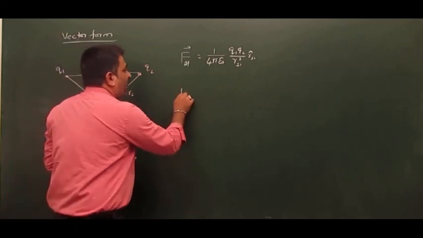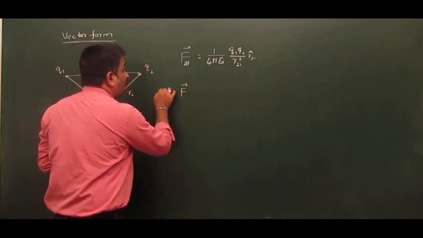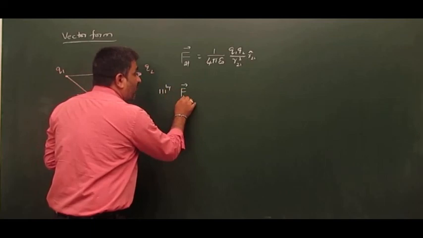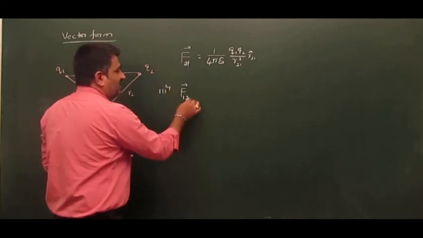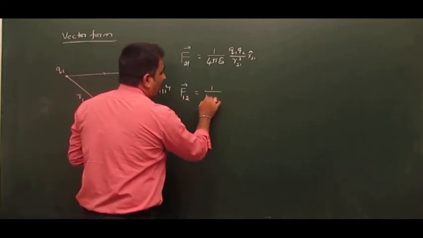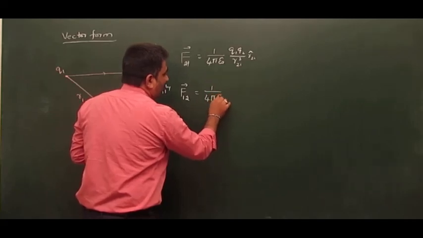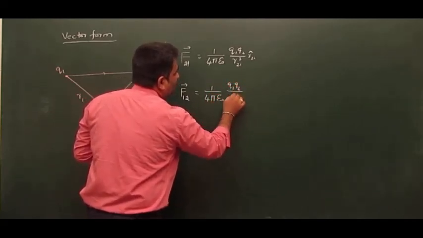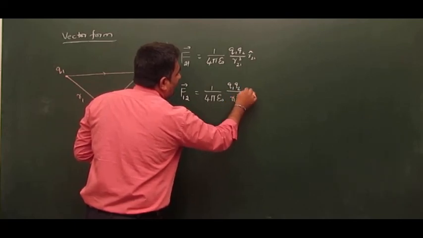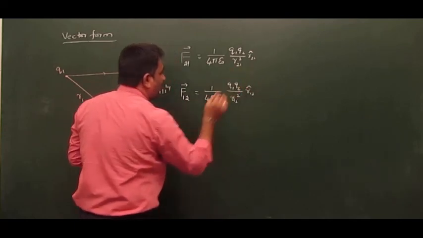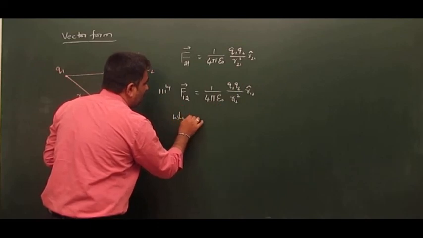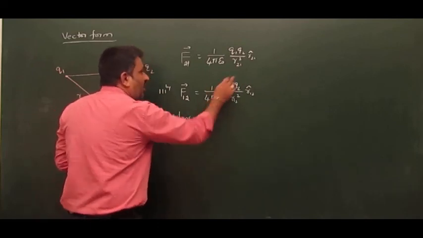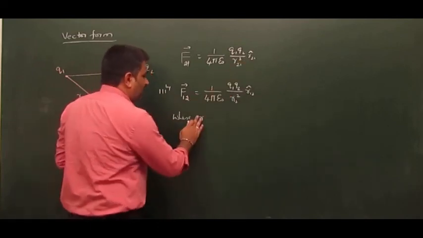Similarly, the force experienced by the first charge due to the second charge can be written as 1 divided by 4 pi epsilon naught into Q1 into Q2 divided by R12 square, R12 cap, where R12 cap and R21 cap are the unit vectors.